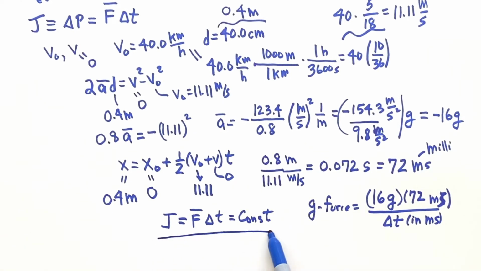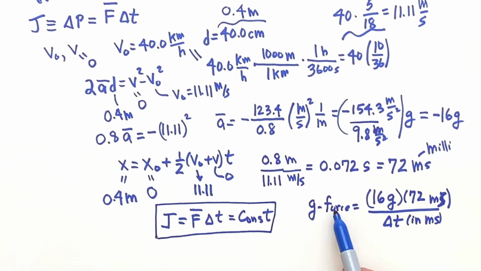This is given as a constant based on the collision. And I already figured out the g-force in the collision to be 16 g. That's correlated with 72 milliseconds. So I'm setting up a ratio where if I make that delta t bigger, say, for example, twice as long, if it was 144 milliseconds, then the g-force would be 1/2.